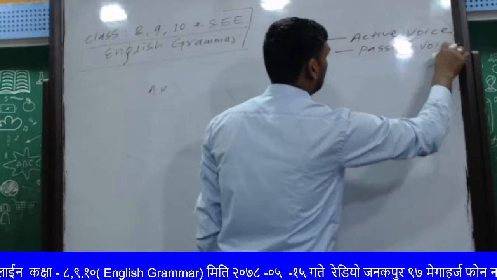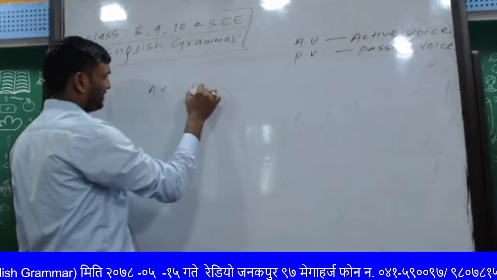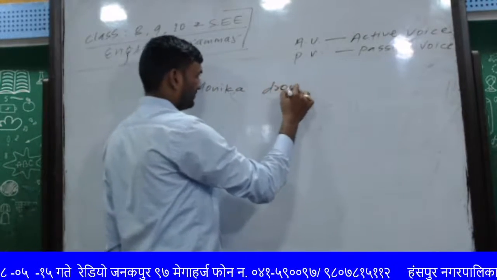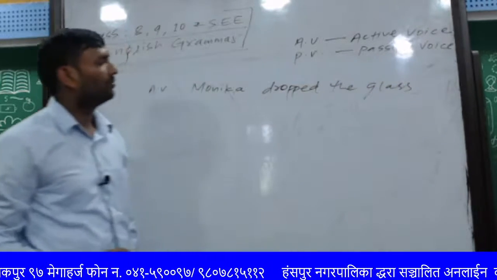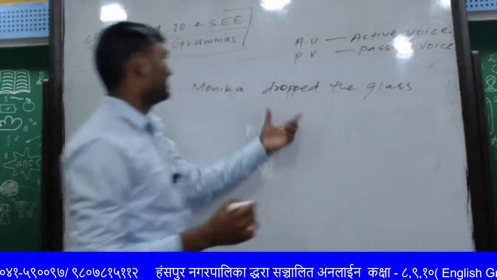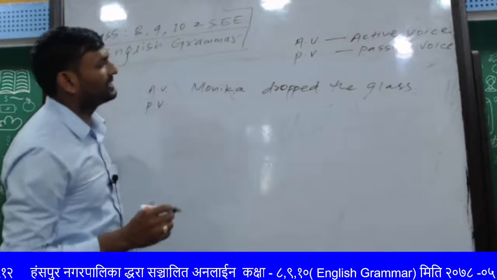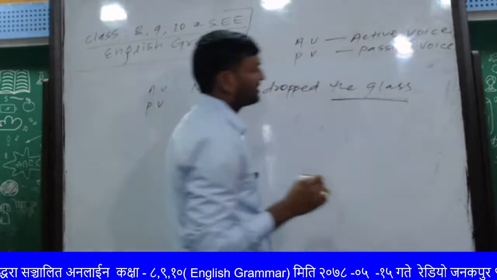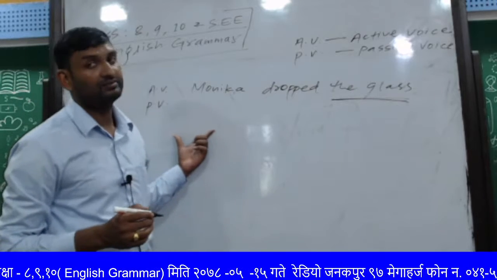Monica dropped the glass. This one is the active voice, and when we change the active voice, the object of this sentence comes at the beginning in the passive voice.